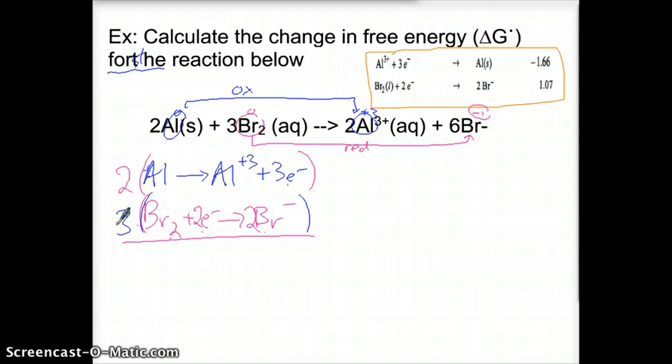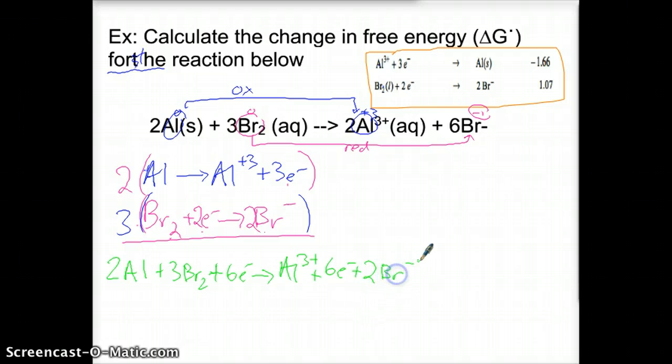So now if I add the reactions together, I'm going to get 2Al plus 3Br2 plus 6 electrons makes 2Al3+ plus 6 electrons plus 2Br minus. My 6 electrons cancel out. I know that's going to be my value of n.